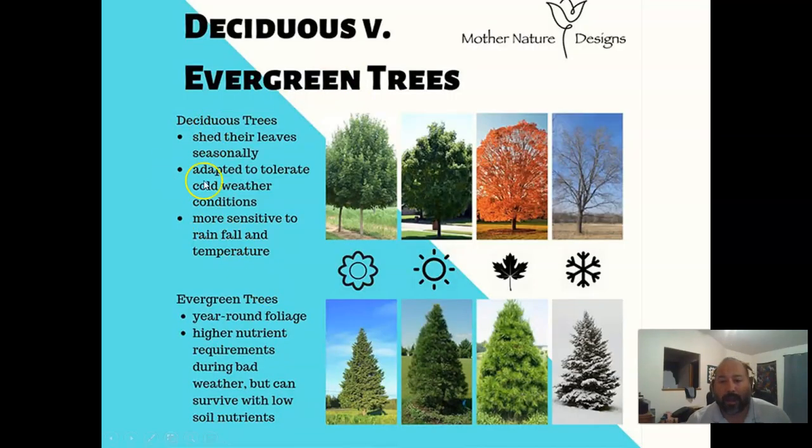So let's look at evergreen versus deciduous. Because it happens at the end of the year as an adaptation, some deciduous trees aren't always going to have weird colors or not have leaves. Sometimes they'll look just like normal trees, but then eventually the fall comes around and then the winter comes around and they drop their leaves as an adaptation to cold weather climates.